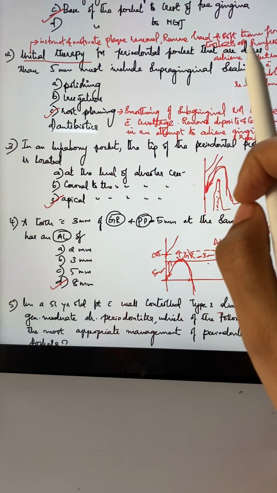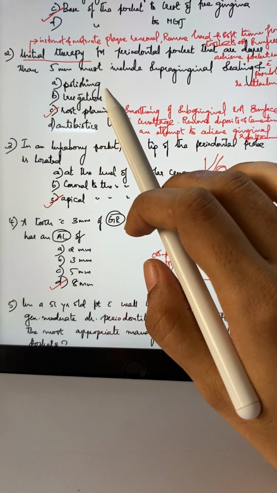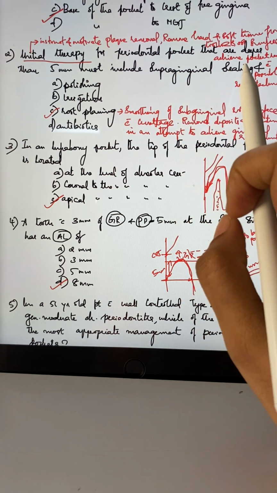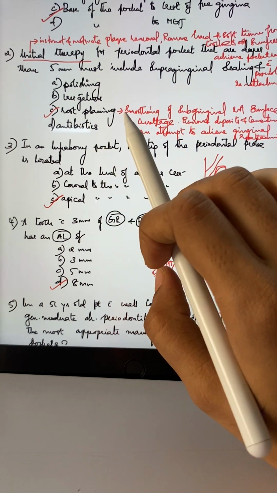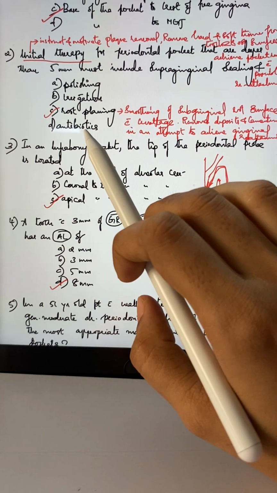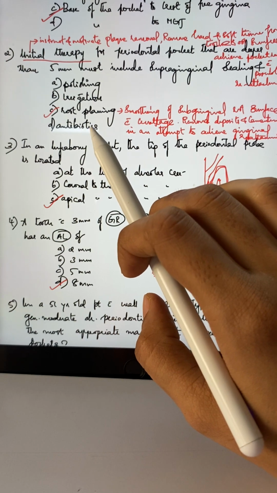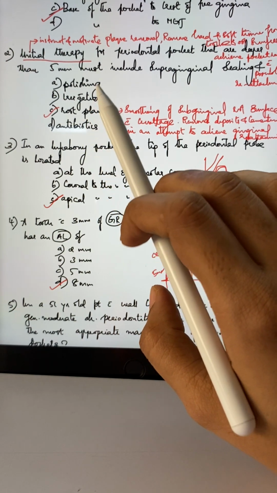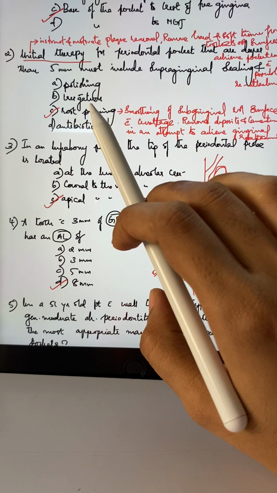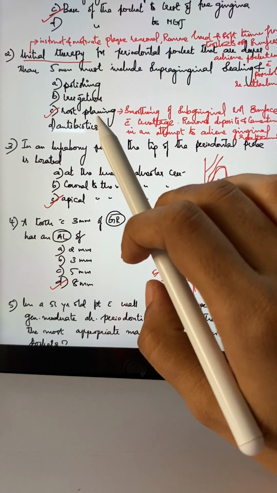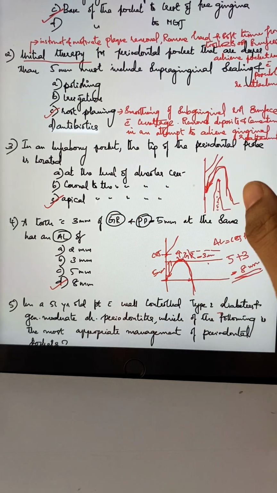So now the depth is more than 5 mm. So we need to do the supragingival scaling and root planing is the answer. Antibiotics definitely we have to give, but that is not the initial therapy. Then polishing is not the answer, irrigation is not the answer, so root planing is the answer.